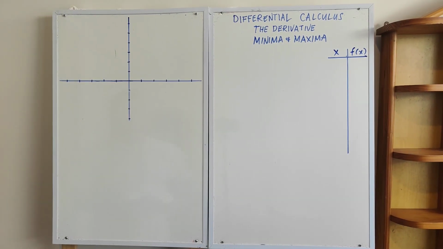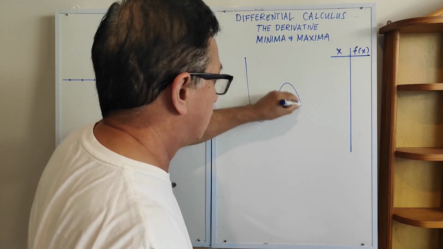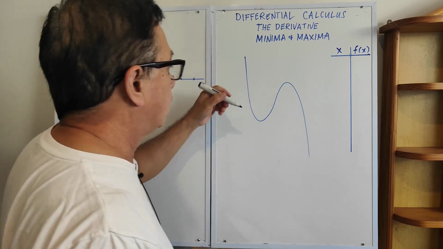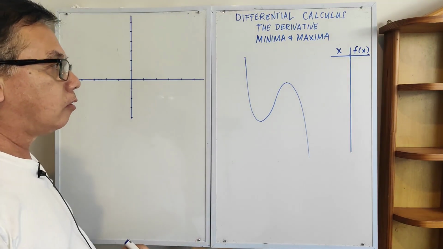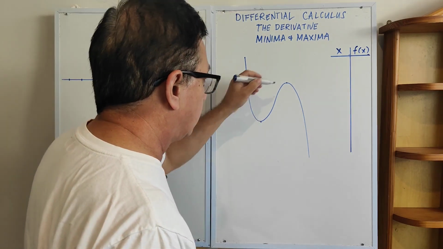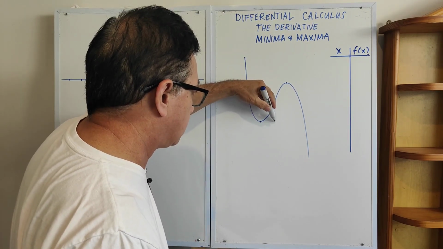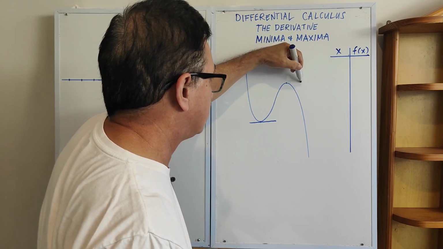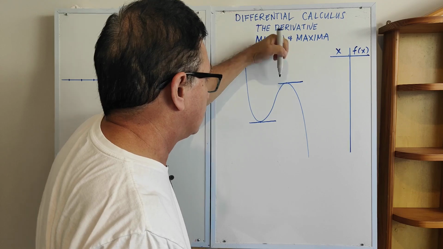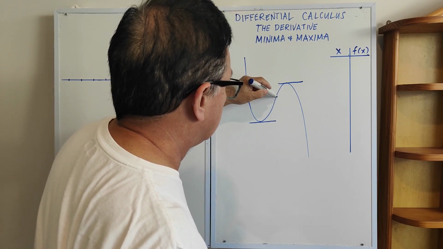By the way, for example, you have a curve like this, and you want to find the minima and the maxima. The slope at exactly the minimum and the maximum is exactly 0, because the slope at this point is exactly horizontal. In here, the slope is also exactly horizontal. Of course, in here this is negative, this is positive.